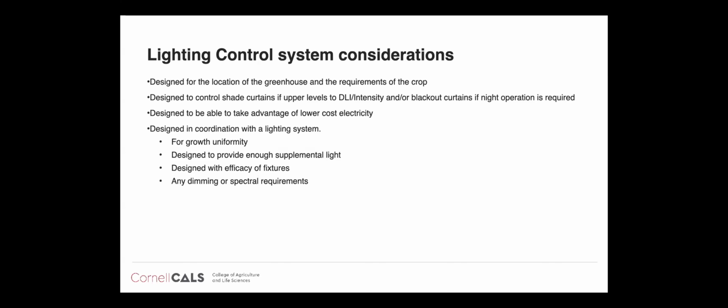Also very important is the lighting system itself with the control system. Is the light uniform over the crop? Is there enough supplemental light? Are the fixtures efficient, and are they able to perform? Can they dim, and can they meet the spectral requirements of your crop? There are a lot of considerations when you're deciding how to control your lights.